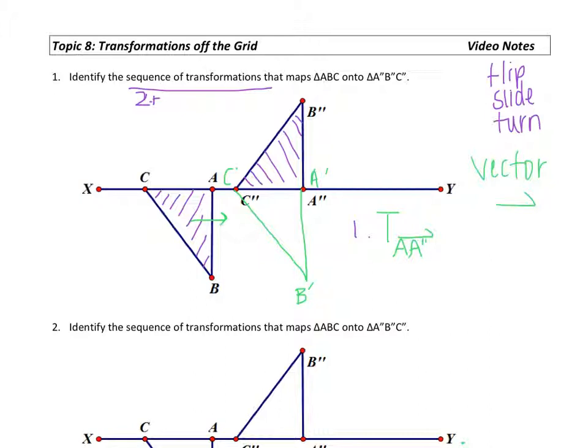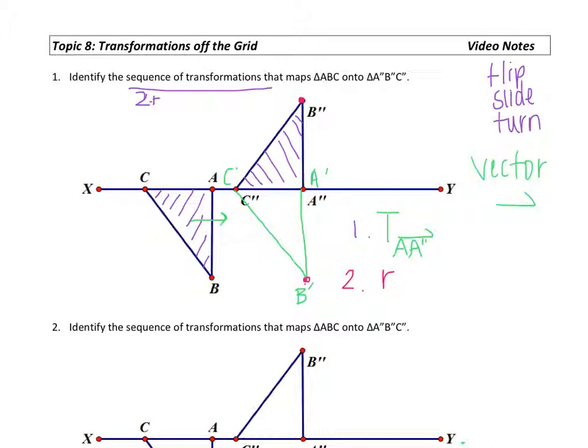Then if I look at the triangles again, I notice that they look like they're flipped. B prime is currently down here at the bottom of my picture, but I need to get it all the way up to the top of my picture. So a flip is called a reflection. That's that lowercase r. And I'm trying to decide what do I want to reflect over.